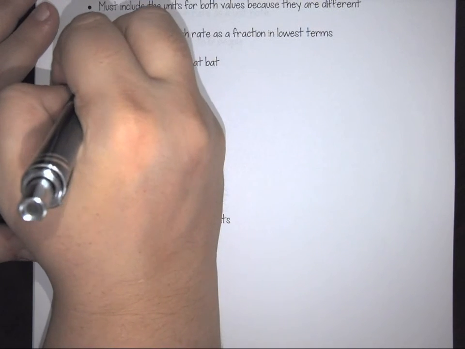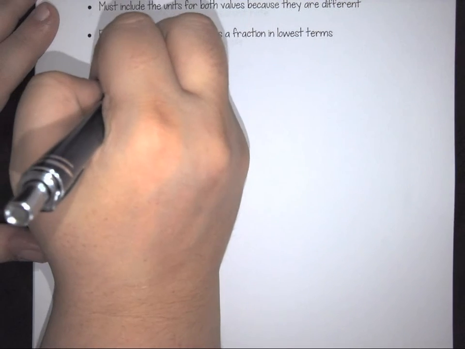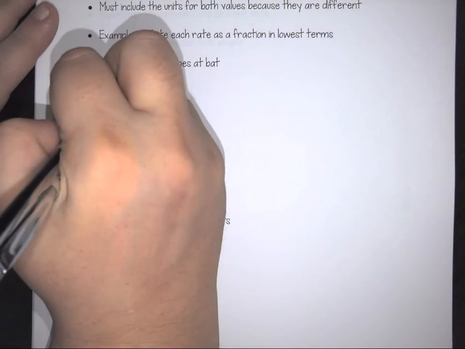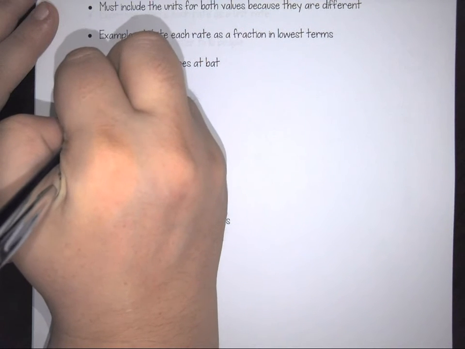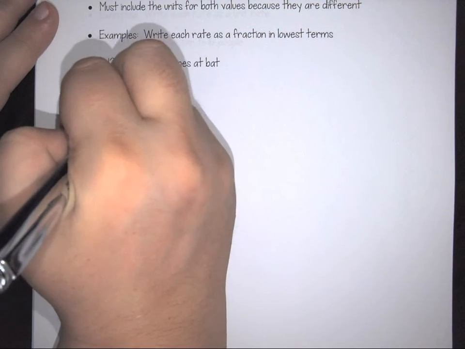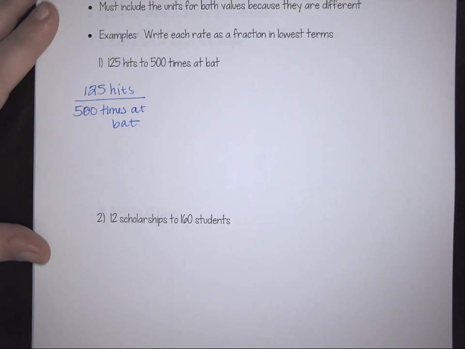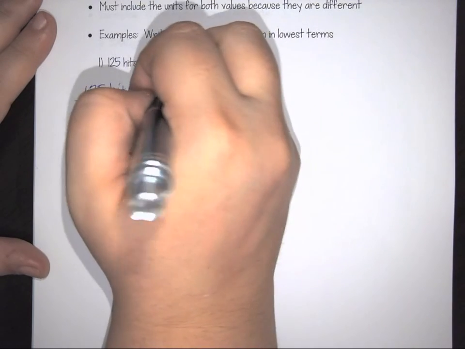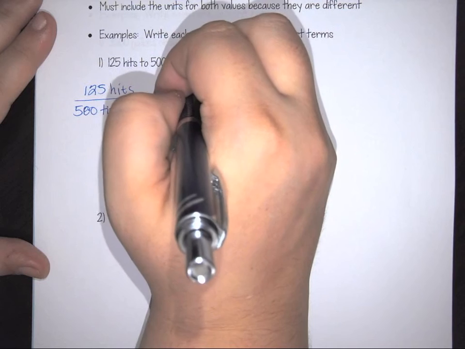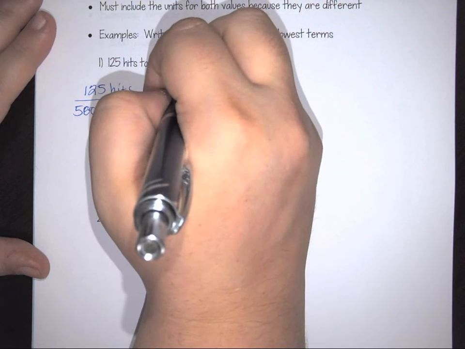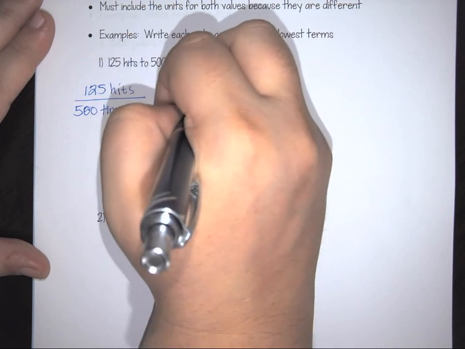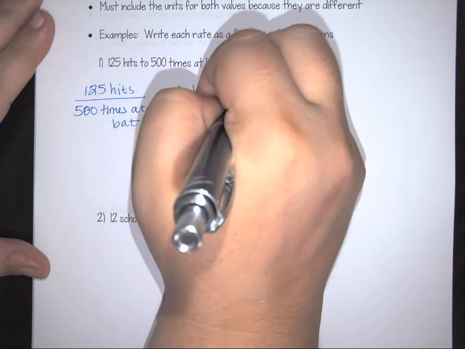So this is going to be 125 hits to 500 times at bat. So here what we simply have to do is reduce. So 125 can go into 500. So this is going to end up giving you 1 hit per 4 times at bat.